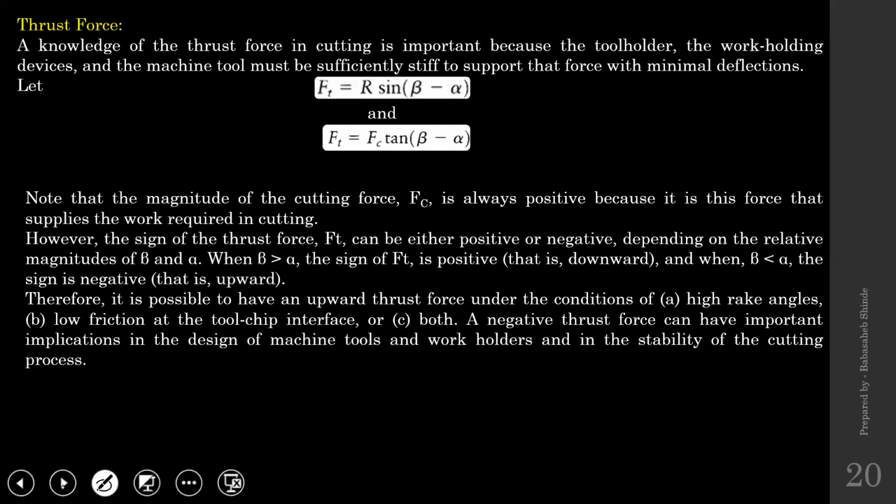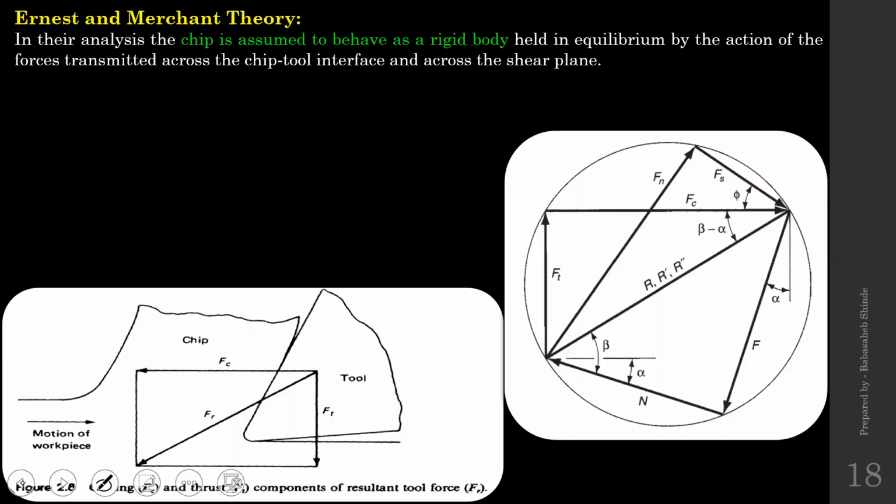Okay. Now next important thing that we need to discuss is the thrust force. Now in this case, we know that when you consider orthogonal cutting, the two major components of forces are cutting force and thrust force. Okay, this Fr is the resultant of those two that you have calculated, but the two major forces are cutting force and thrust force.